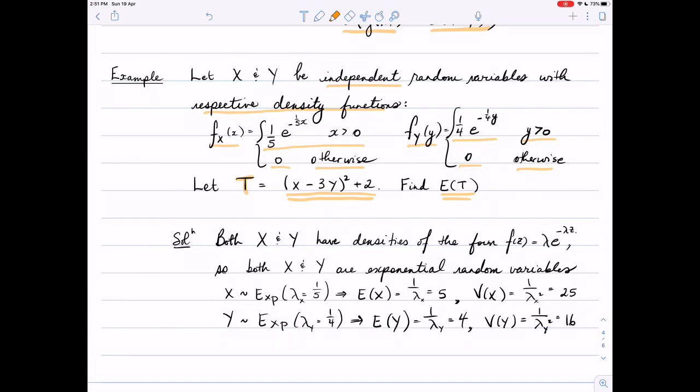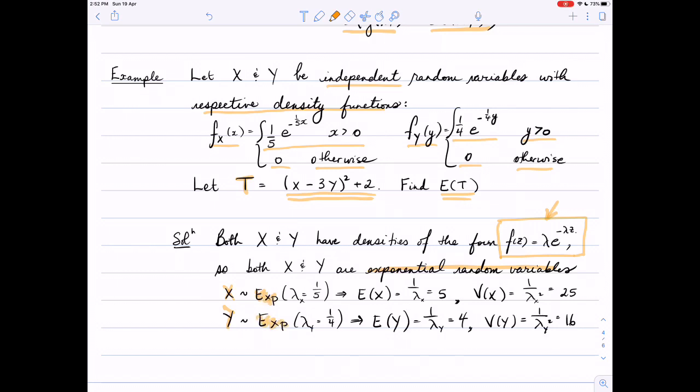This is going to be an application of the properties, but also an application of your memory, because both the x and y density functions are of this form, and that is the form of an exponential random variable. So x and y are both exponential random variables. They have different lambdas.